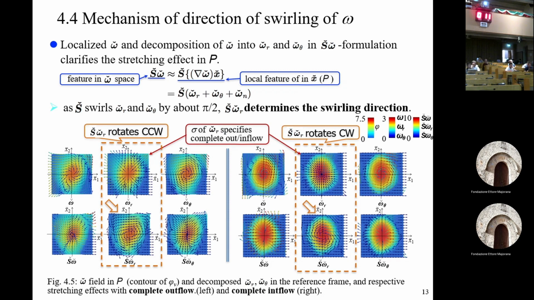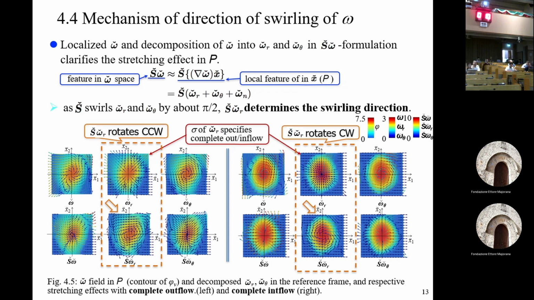This figure explains this mechanism. It shows one vortex vector field in the swirl plane and the decomposed radial and azimuthal components. And this figure shows the vortex stretching effect of the radial and azimuthal components. So it indicates that when the radial component has completely outflow features, it has a vortex stretching effect to swirl counterclockwise.